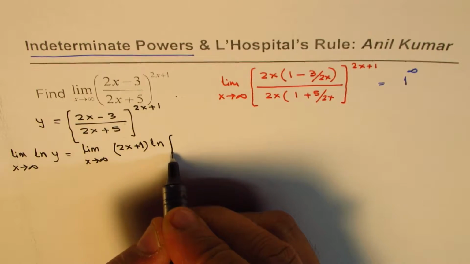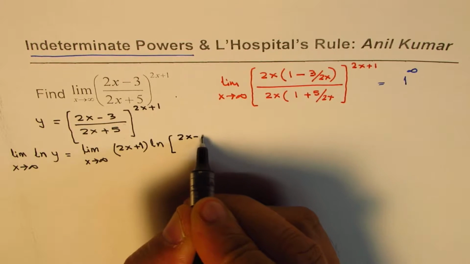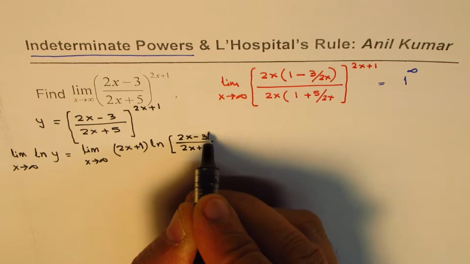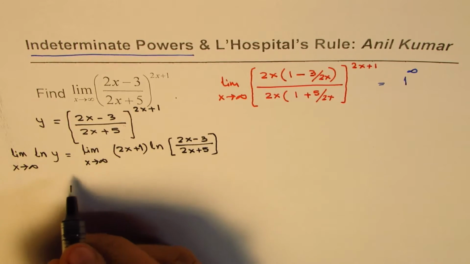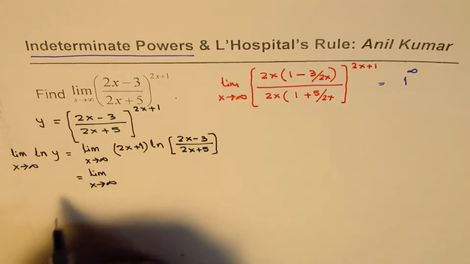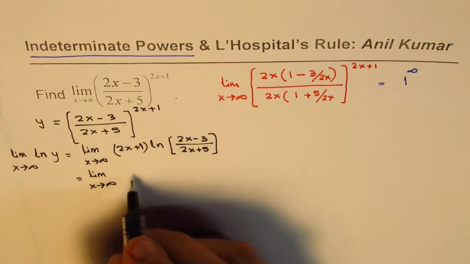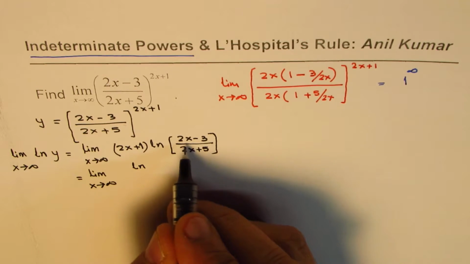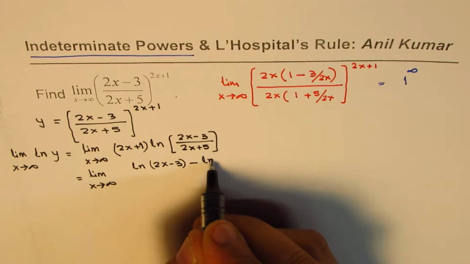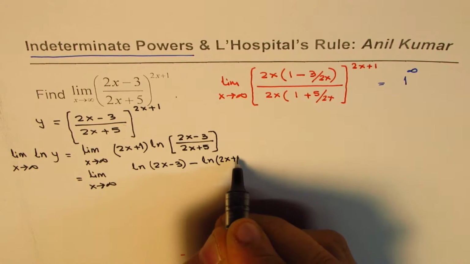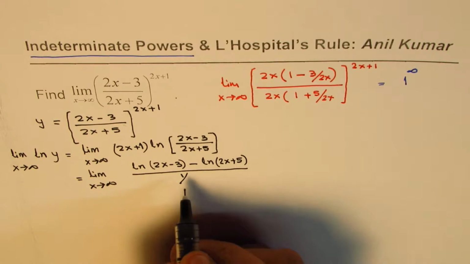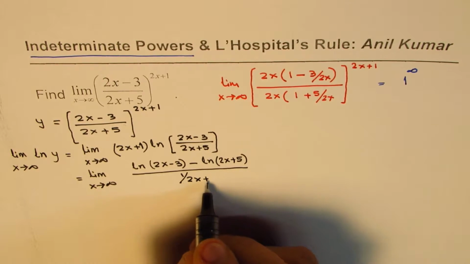Let's write the ratio as such, then we'll elaborate: (2x minus 3) over (2x plus 5). Now, we could write this as the limit as x approaches infinity of [ln(2x minus 3) minus ln(2x plus 5)] divided by 1 over (2x plus 1), right?